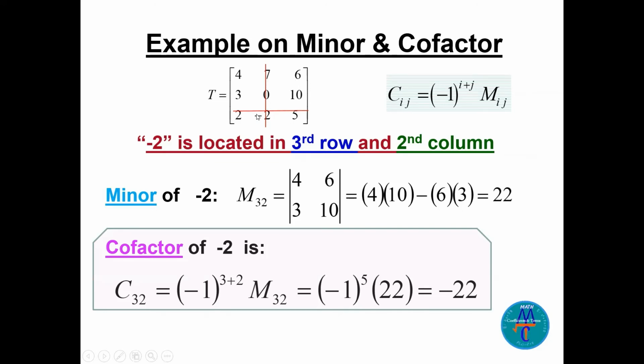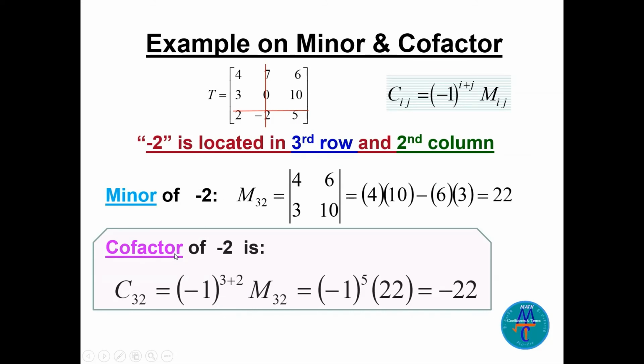Each entry, each number has a minor and cofactor. So for the minor of -2, we have to delete the row and the column of -2. Then we are left with 4, 3, 6, 10. Then we find the determinant only. 4 times 10, 40, minus 6 times 3, 18. So the answer is 22. So 22 is the minor of -2.